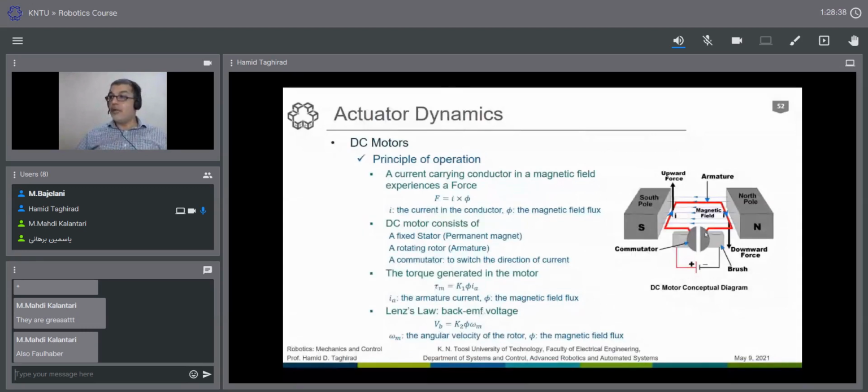It will start generating torque and start moving around, but Lenz's law doesn't let the rotor accelerate to a very high speed.